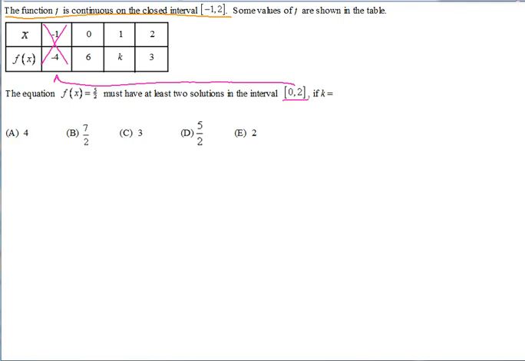So the easiest way, I think, to figure out what's going to happen here is if we graph it. This is the x and this is the y coordinate.